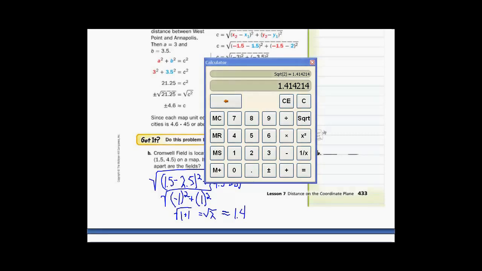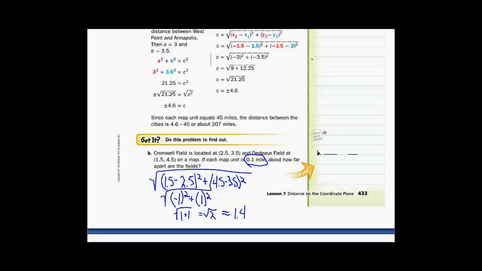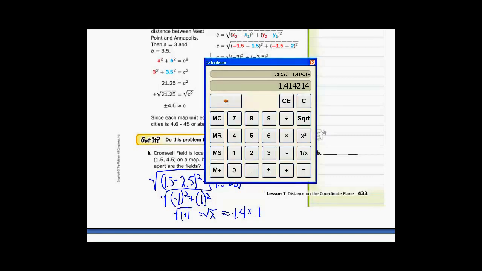But now 1.4 is not my answer. It's 1.4 units, but each unit is 0.1 of a mile. So I'm going to take 1.4 times 0.1, and get 0.14, and those would be miles.